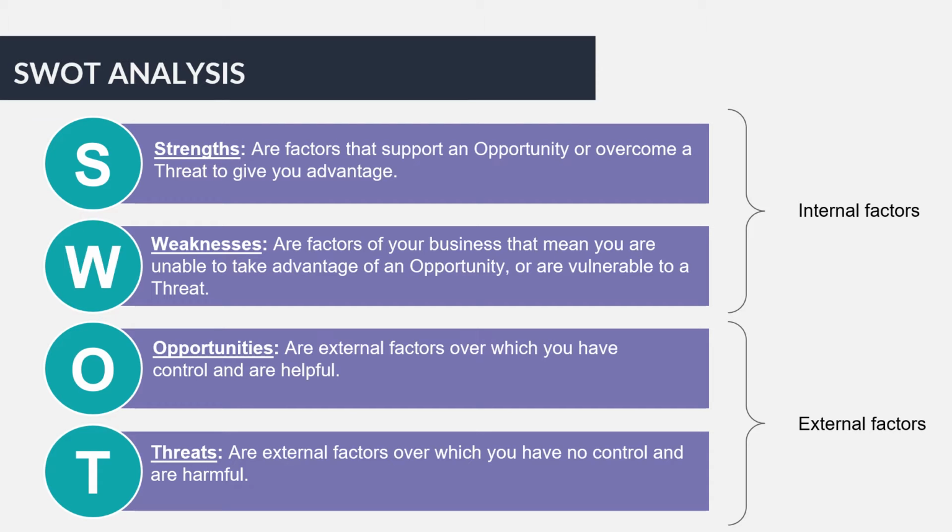Now, jumping on to opportunities, these are external factors. So opportunities are external factors over which you have no control but still are helpful. For example, you are implementing an animal welfare project.